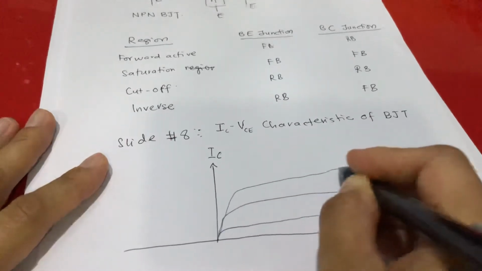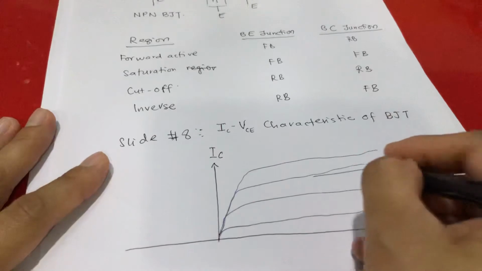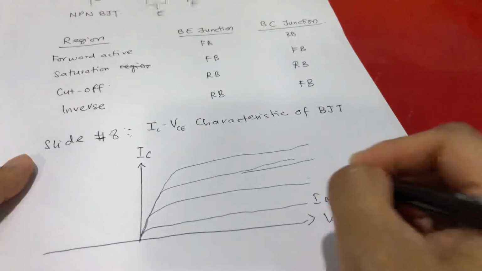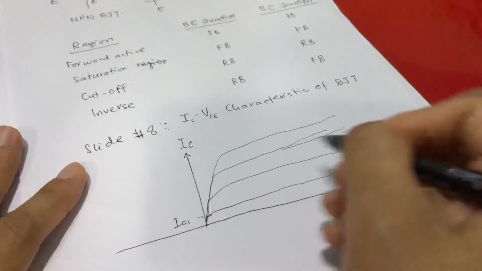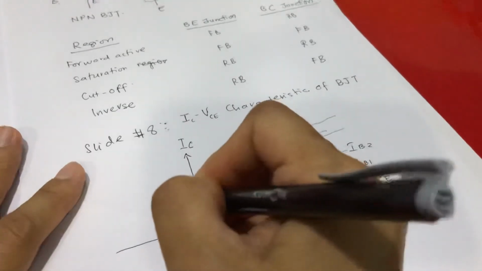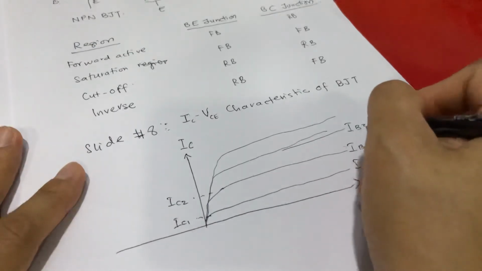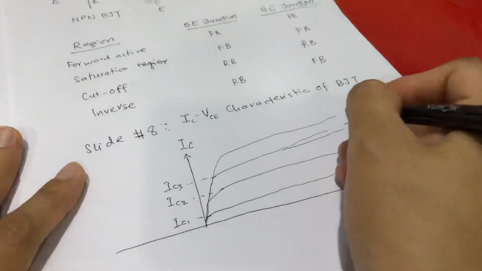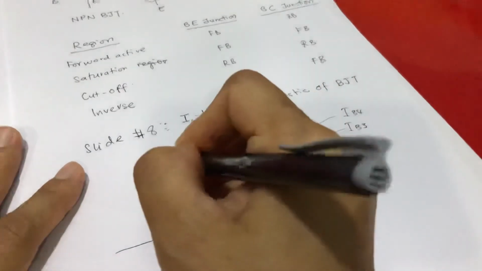When we have different IB: at IB1, we will have IC1. When we have IB2, we will have saturation IC2 here. When we have IB3, we have IC3. When we have IB4, we have IC4.